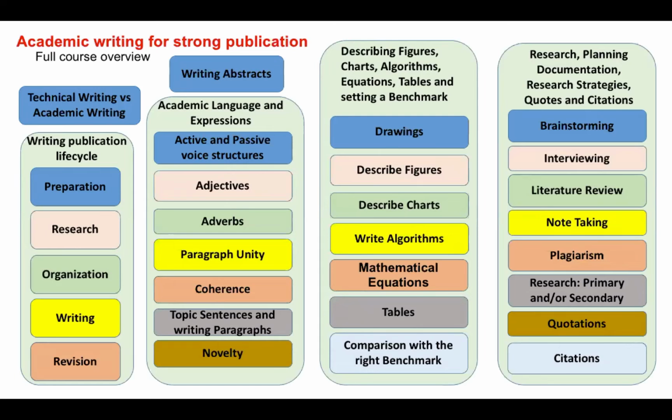But you really have 3 other important sets of activities. The other stage is how to write an abstract, which is really, really important. To the best of our knowledge, 80% of reviewers decide whether to accept or reject the paper just by reading the abstract.